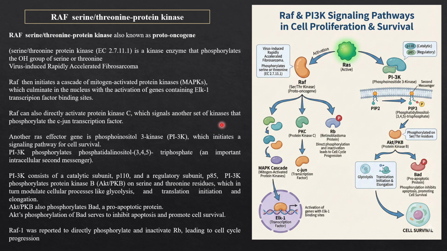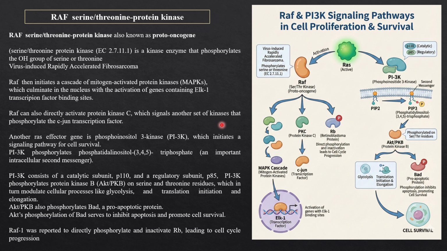Another group is phosphatidylinositol 3 kinase, which initiates the signaling pathway for cell survival. PI3K phosphorylates phosphatidylinositol to the triphosphate, which is an important intracellular second messenger. PI3K consists of a catalytic subunit, called P110, and a regulatory subunit, P85.